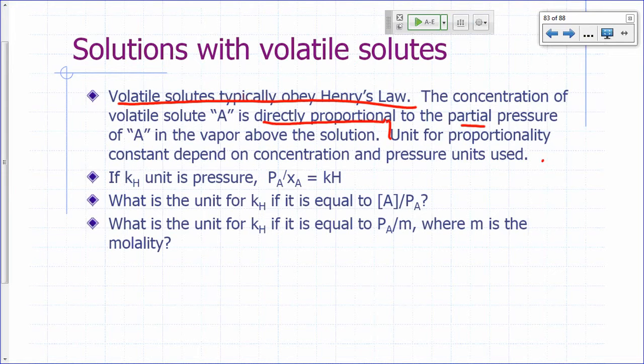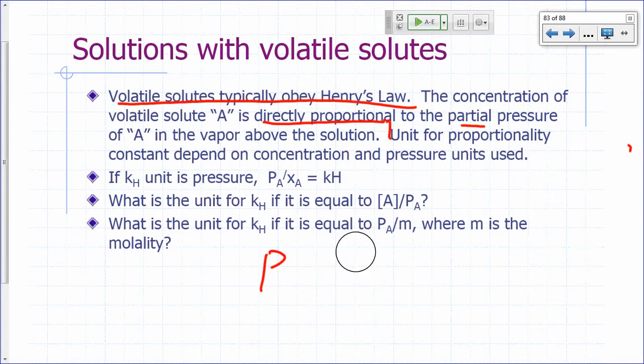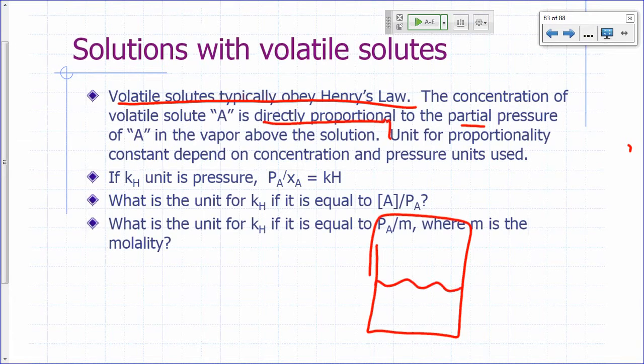What we're saying here is this. Here's a mixture. Let's say you have water, just to make things simple, and you have some A in water, and A happens to be a volatile solute.